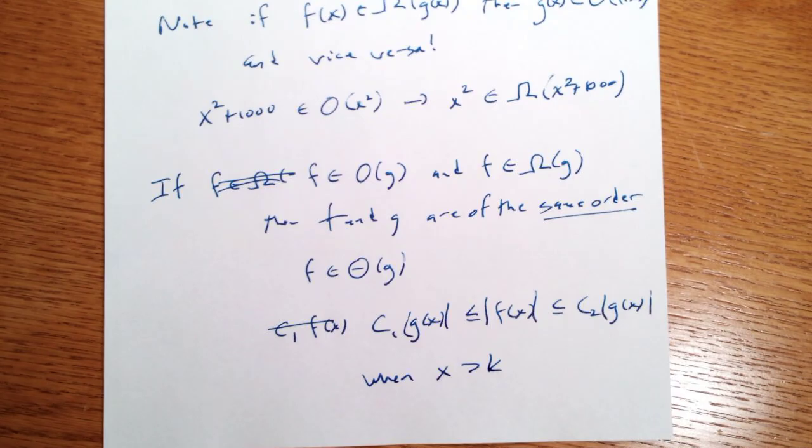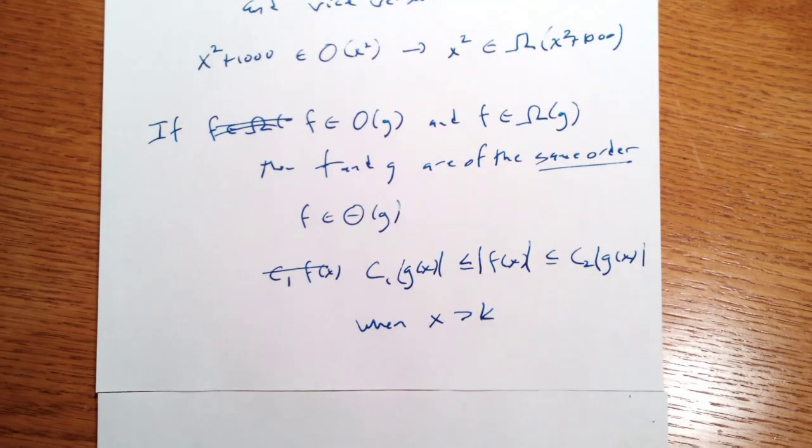Almost always, when we are looking for same order comparisons, we're trying to find the simplest function of the type x to some power or of the type exponential. We're looking for the smallest possible thing.